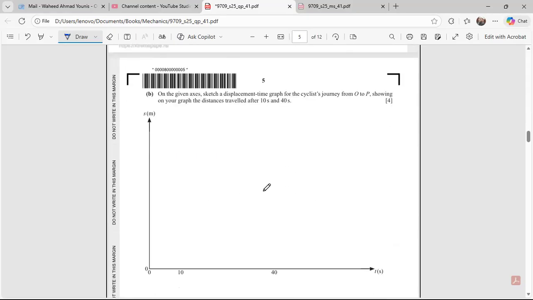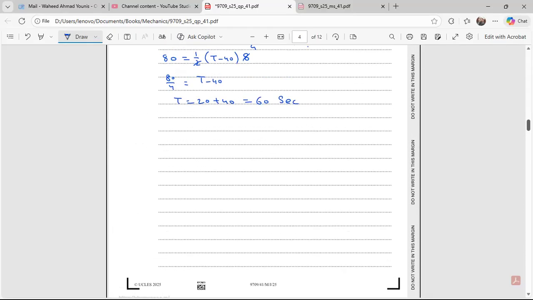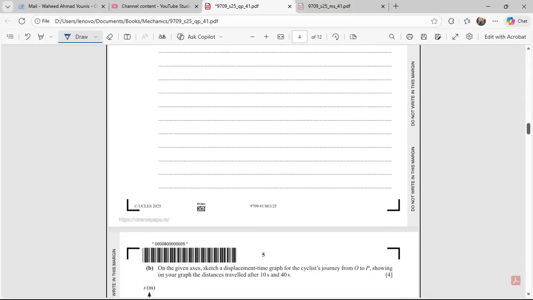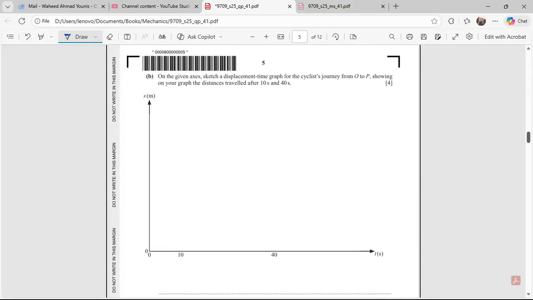Now let's do part B of this question. This is part A, and yes, part B. Okay. So on this given axis, sketch a displacement time graph for the cyclist's journey from point O to P, showing on your graph the distances traveled after 10 seconds and 40 seconds.